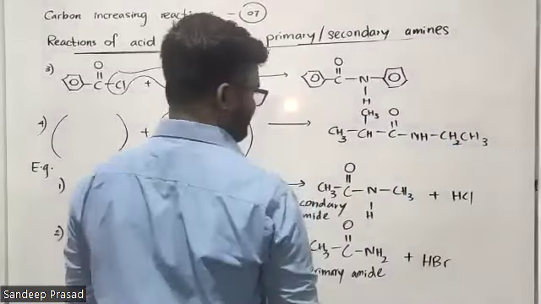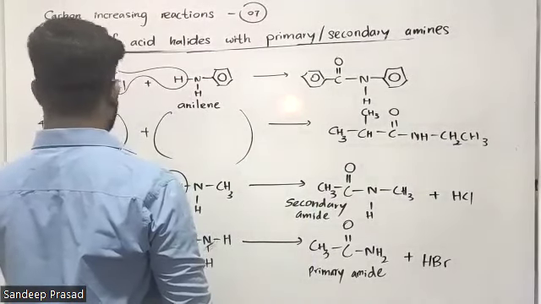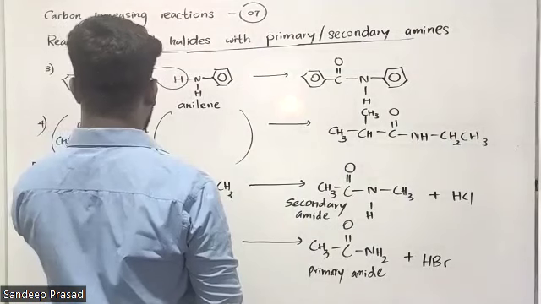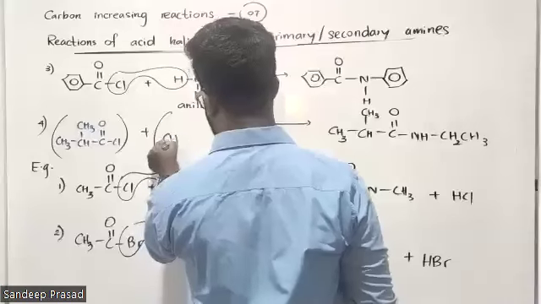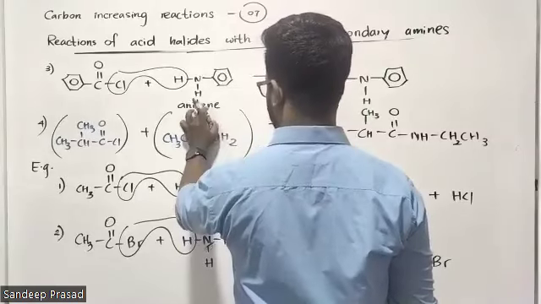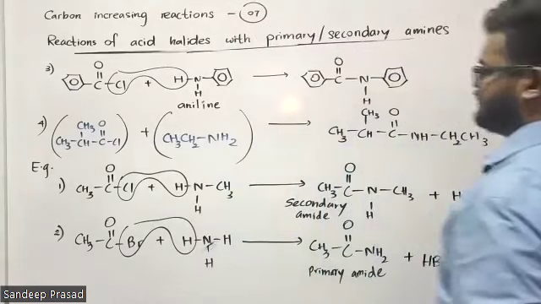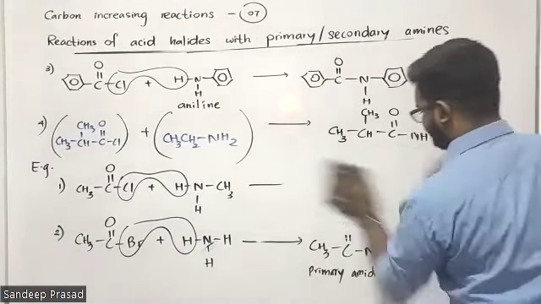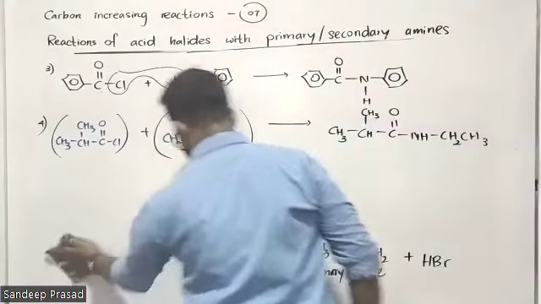So we can say that acid halide should be CH3, C double bond O, Cl, and the amine should be CH3, CH2, NH2. Okay. Number 5. Example number 5.